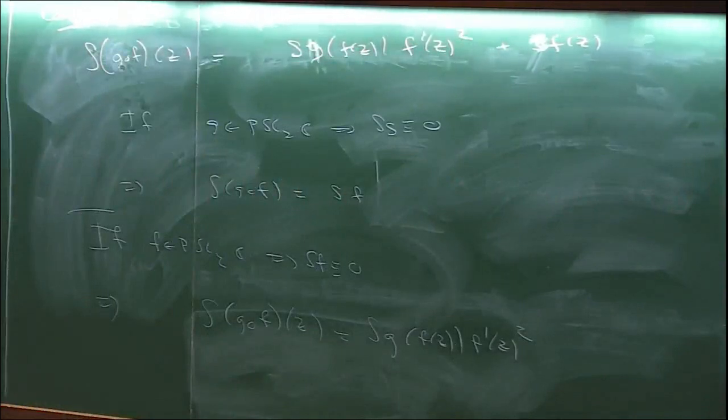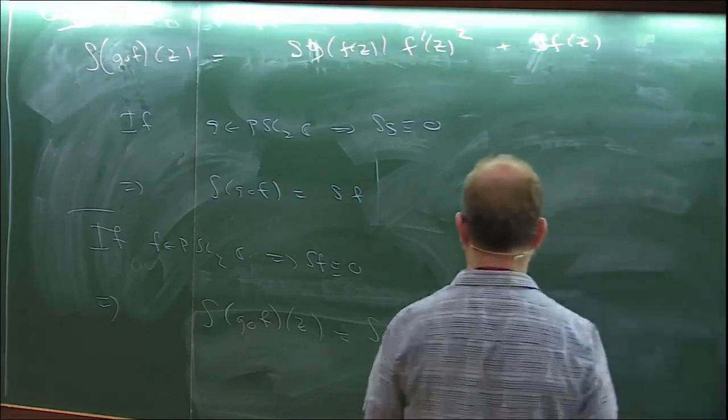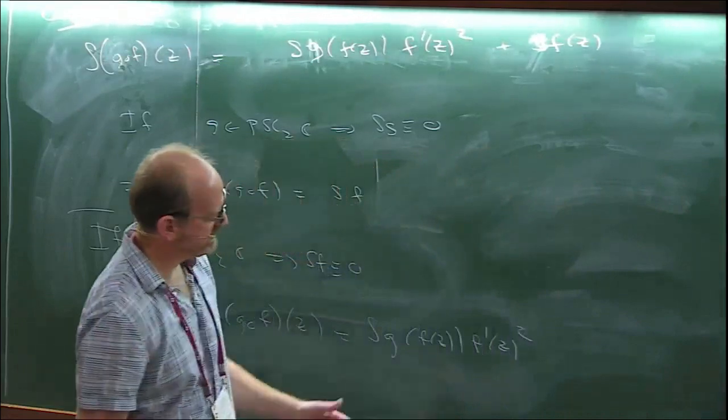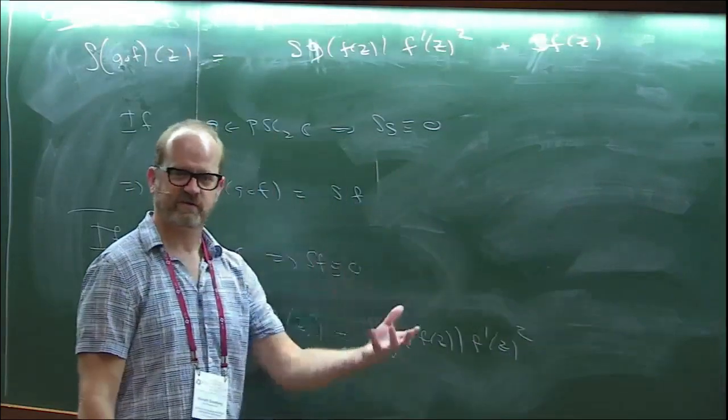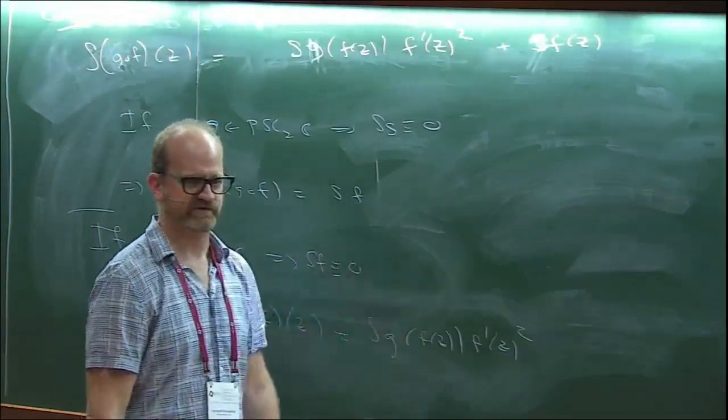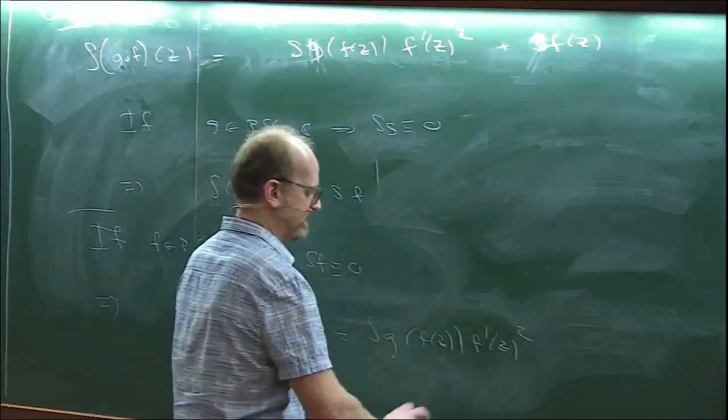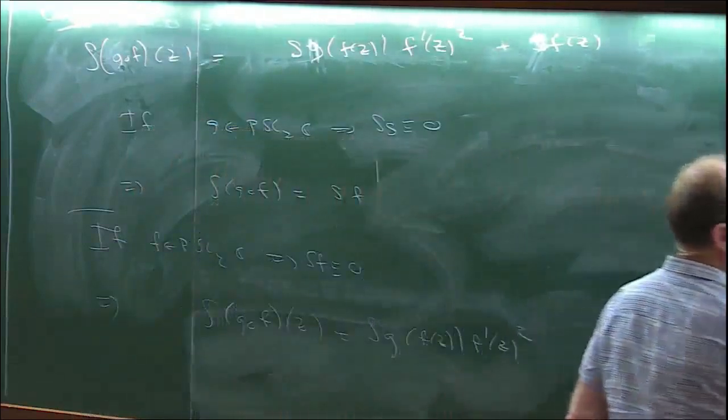Okay, so if our univalent map was, say, the developing map of a projective structure, something which Shinpei will talk about next week, then the Schwarzian derivative is not a function on the quotient Riemann surface, but it's a quadratic differential. That's what that f prime squared is all about.